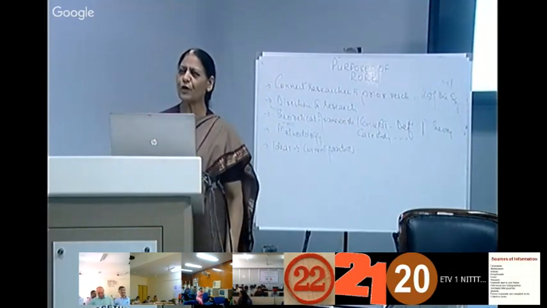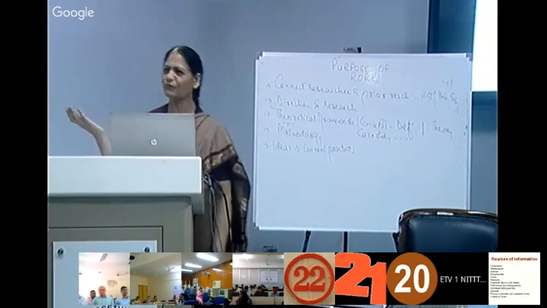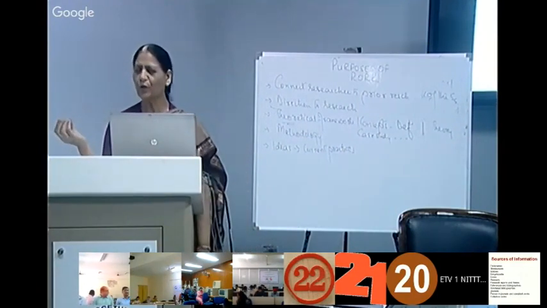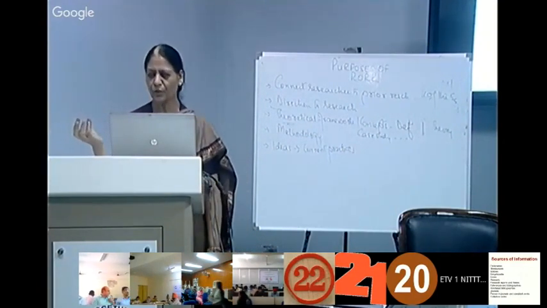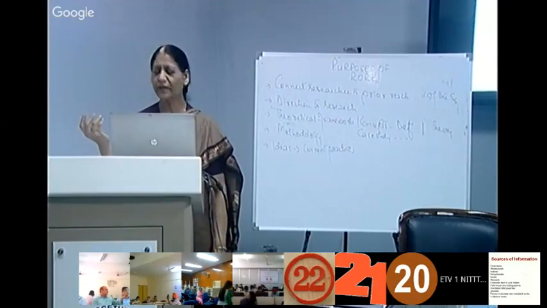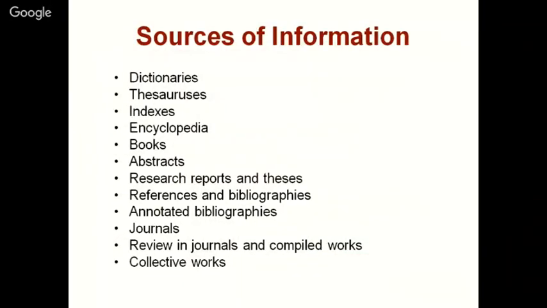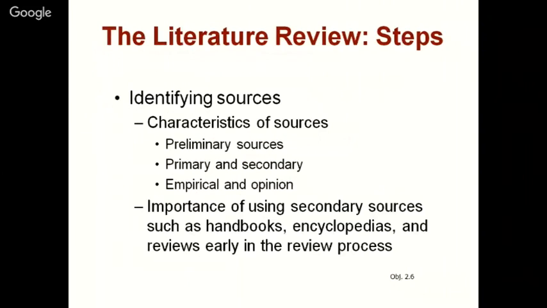And sources of information, all of us are familiar with. We look to dictionaries, go to thesaurus, indexes, encyclopedia, books, abstracts, research reports, and so on. Now, all these sources of information can be classified into three.